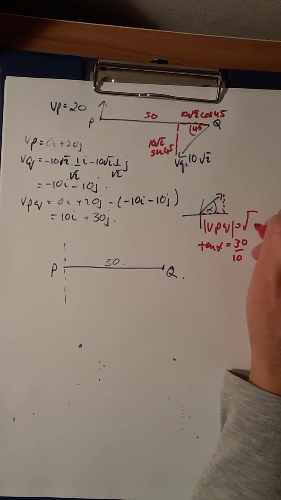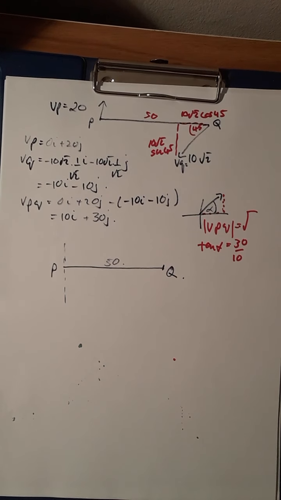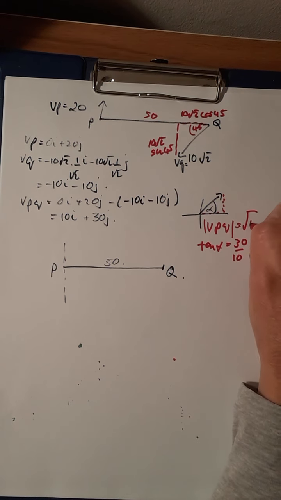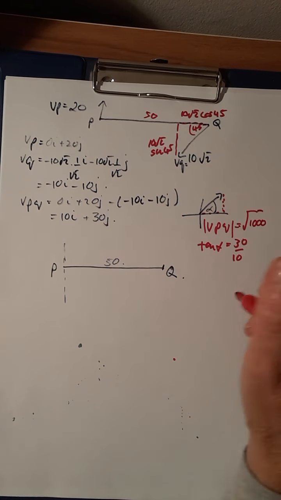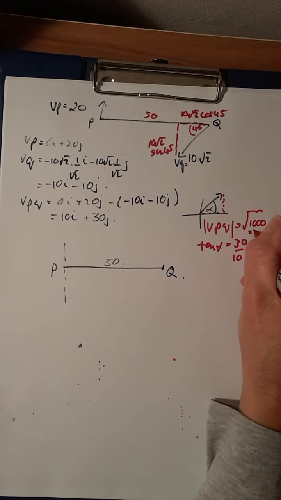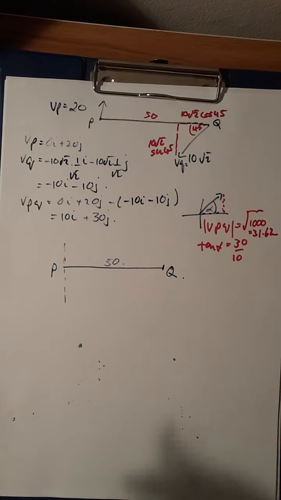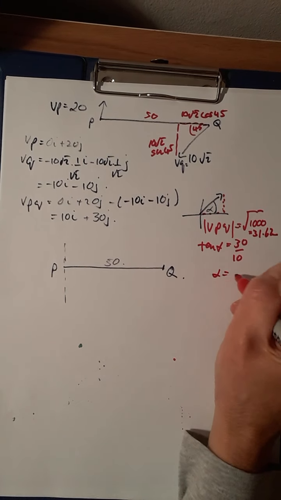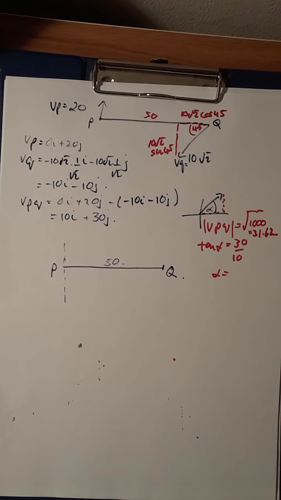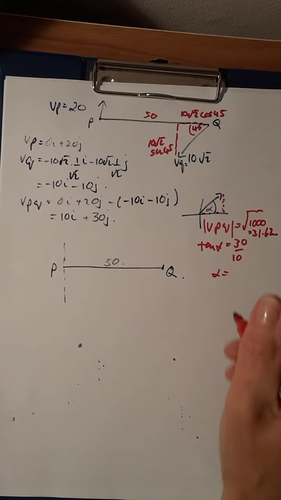So that's going to be 100 plus 30 squared, which gives me 900. So that's going to be the square root of 1,000, which of course is 31.62. So VPQ is going to be 31.62. That's my magnitude. Right, so this angle here, which is second function tan of 3, when I work that out, becomes 71.57 degrees.